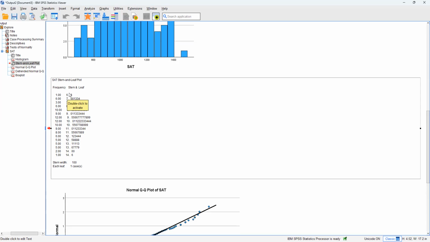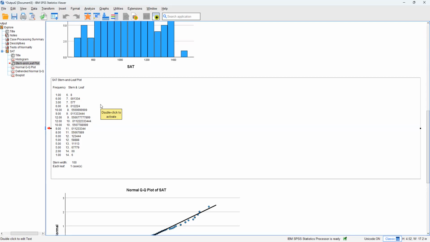And the values on the right side indicate the tens. So this value is 80, 8 tens. Putting those two together, there's one score of 680. You have the frequency of 1, and we put these two together at 680.